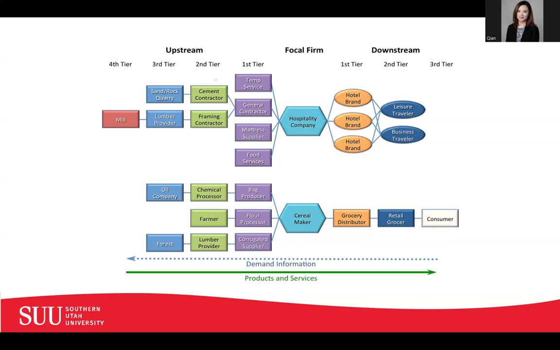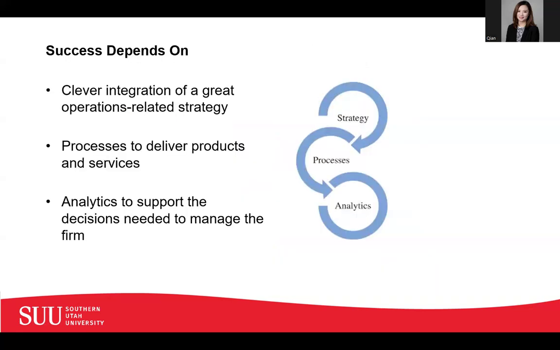Now let's figure out the main activities: if we focus on operations and supply chain, what do we really focus on? Briefly speaking, we focus on 3 things: the strategy, the detailed processes, and all the support functions, such as analytics to help you improve.